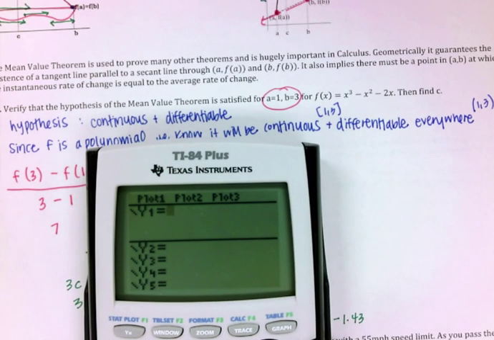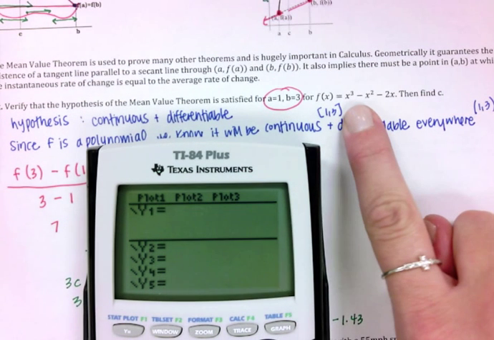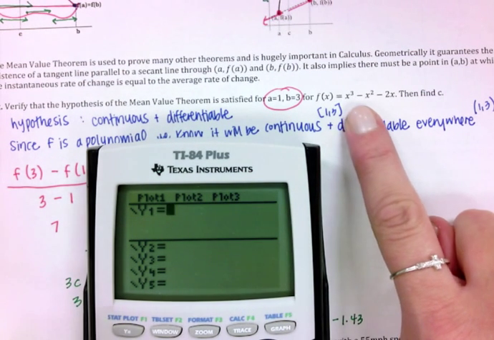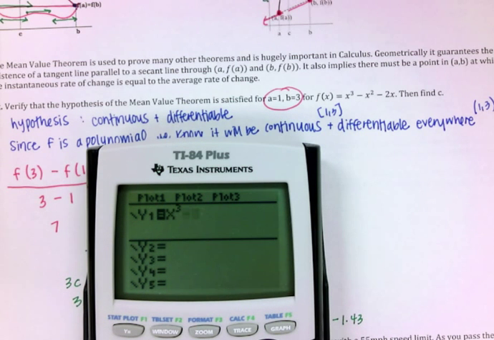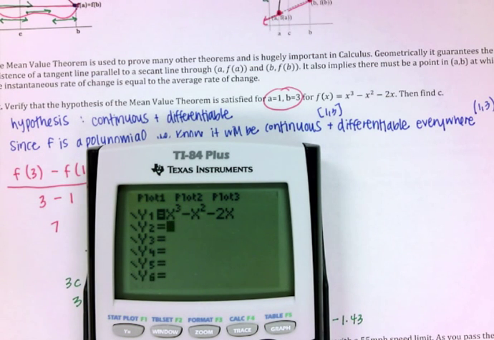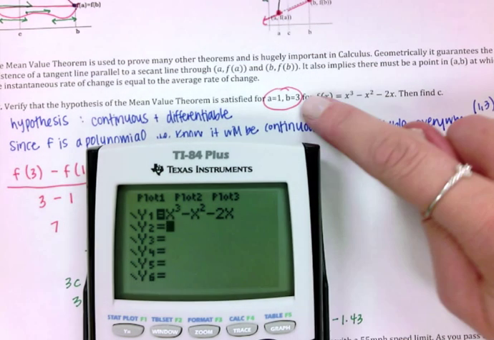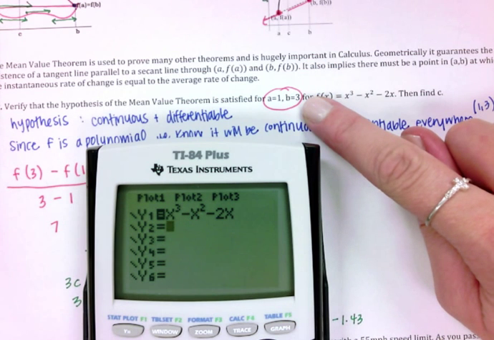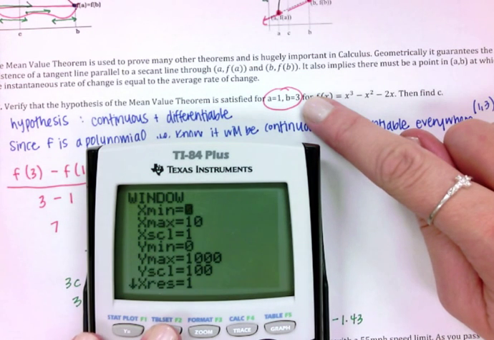So we're looking at f, which is x cubed minus x squared minus 2x, and we want to graph this. We know that we're only working with 1 to 3, so let's make our window kind of accurate with that.